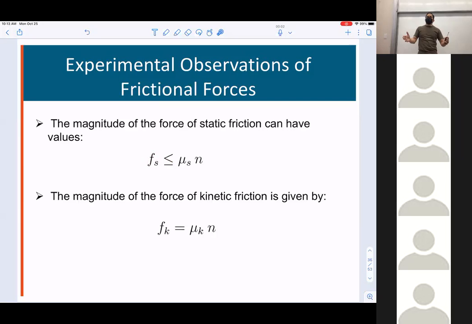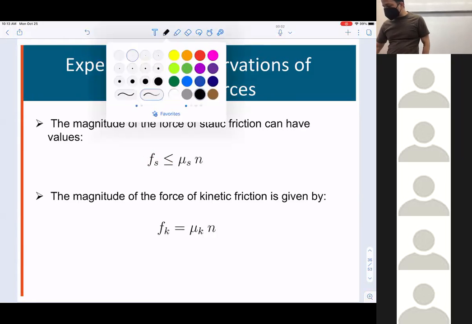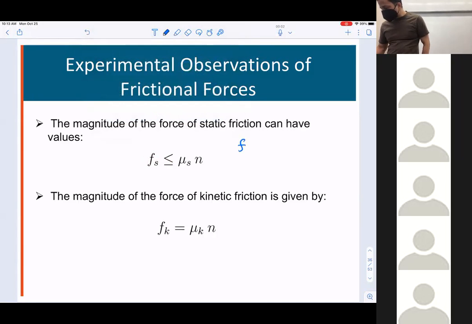But then eventually you reach some critical threshold. And at that critical threshold, the maximum value of the static friction right before it slips is given by mu s times the normal force. So this mu s here is the coefficient of static friction, which again depends on the chemistry of the two surfaces involved.